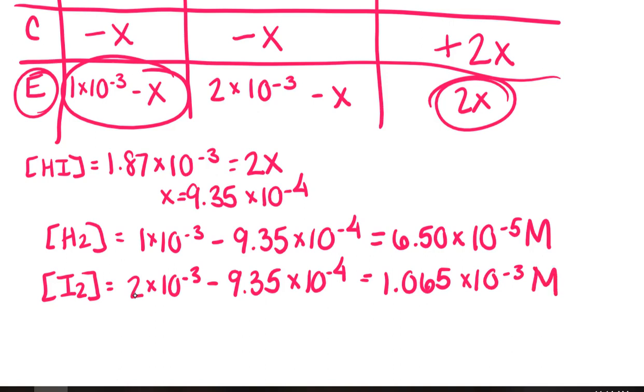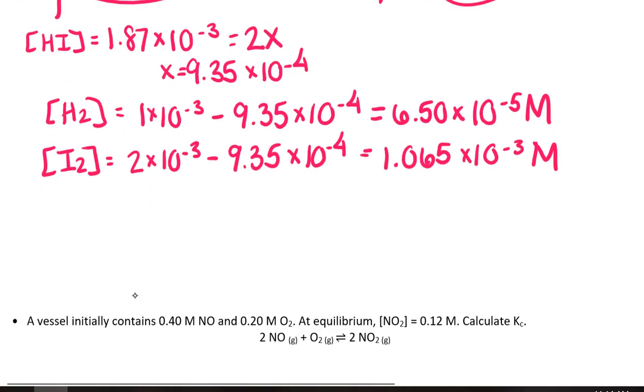So now I have my equilibrium concentrations. I can finally solve for this problem, which is to solve for Kc. The first thing we have to do is write our equilibrium expression. That is going to be equal to products over reactants, each raised to the power equal to their coefficient.